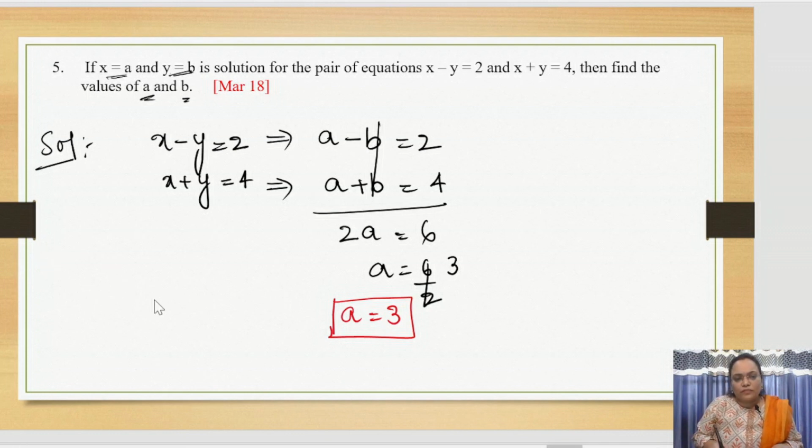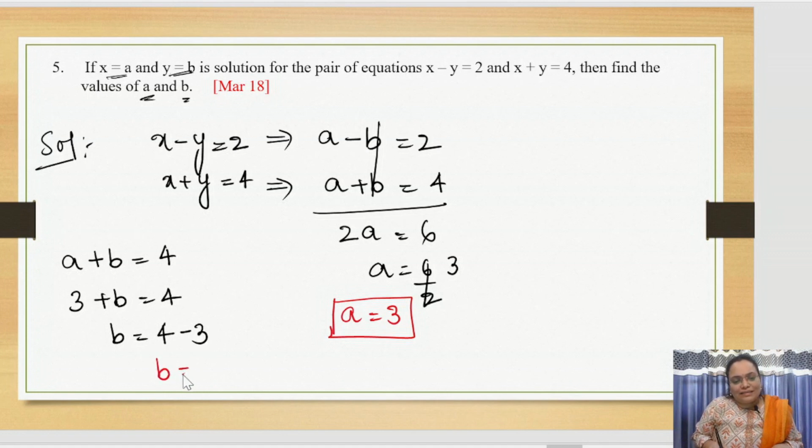So, take a + b = 4. a is 3, so 3 + b = 4, b = 4 − 3. You will get b = 1. So the value of a is 3 and the value of b is 1. Clear?